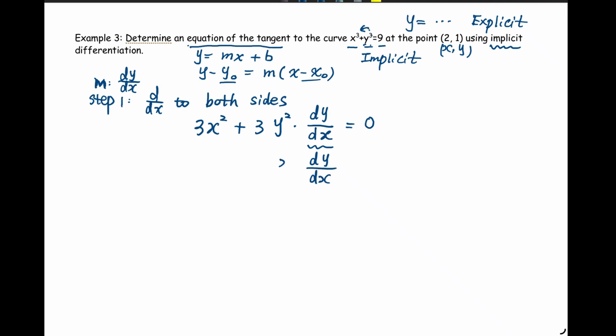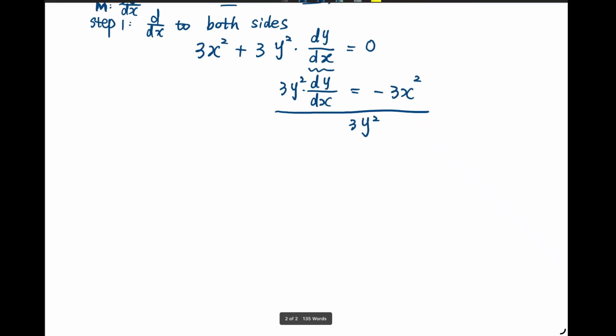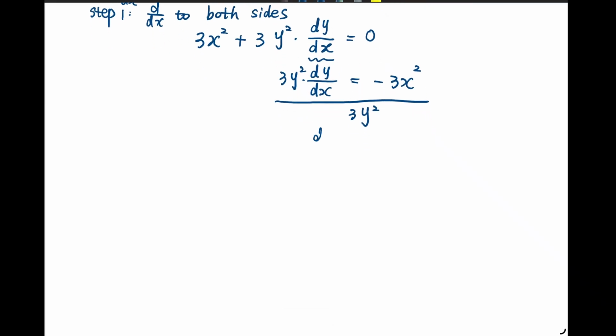By moving the 3x squared to the other side is negative 3x squared. Then move the 3y squared to the other side is multiplication. Opposite operation is division. Then the left side you will have dy by dx equals negative 3 divided by 3 is negative, so x squared over y squared.